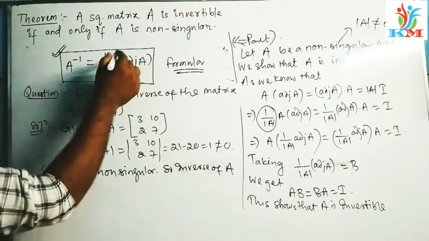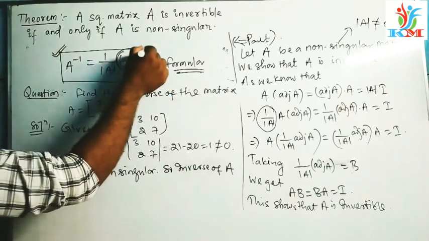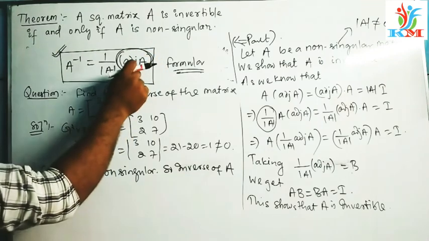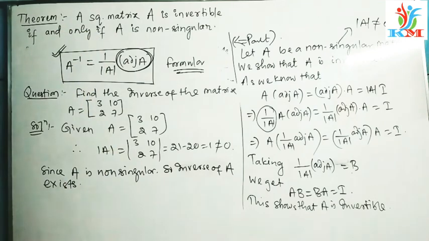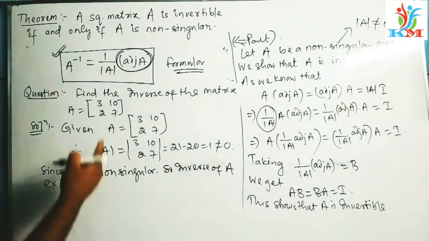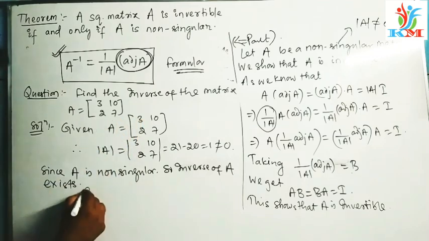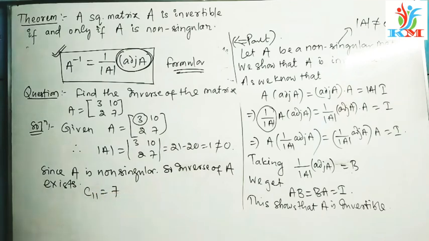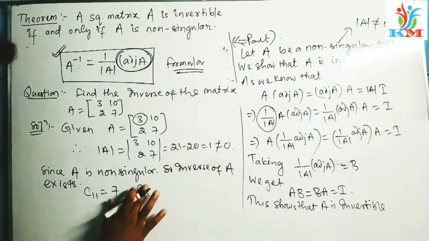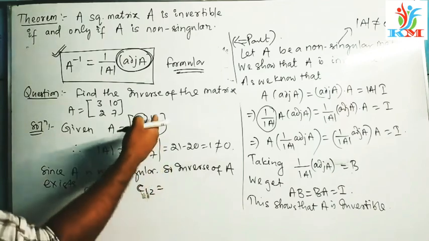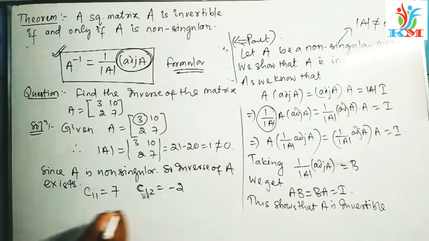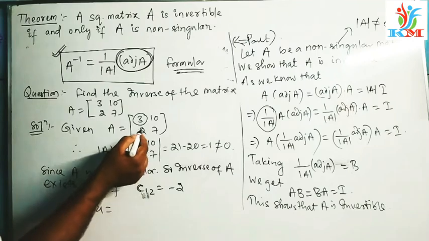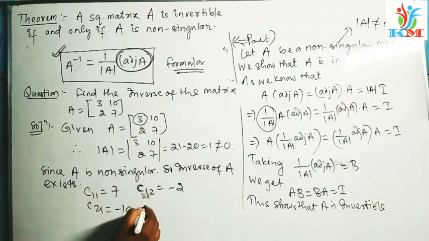For using this formula, we have to first find the adjoint of A. For adjoint, we have to first find the cofactors of matrix A. So C11, that means the cofactor of element 3, is equal to 7, and C12, the cofactor of 10, is equal to minus 2, and C21, the cofactor of 2, is equal to minus 10, and C22, the cofactor of 7, is equal to 3.